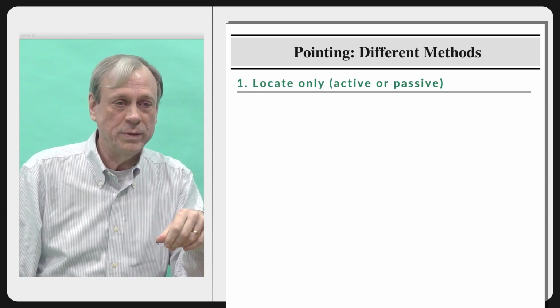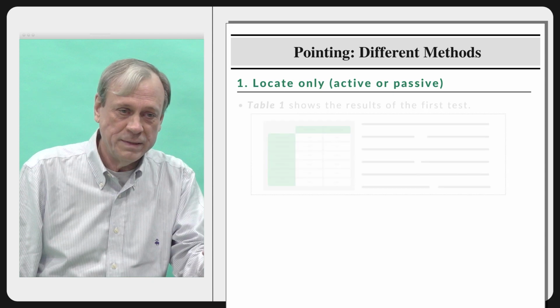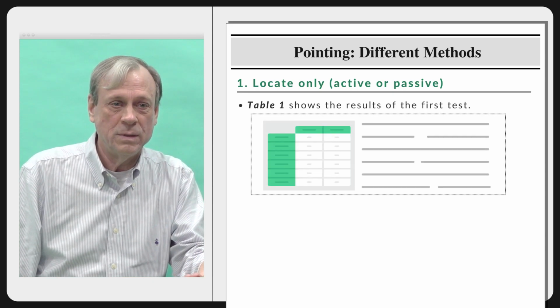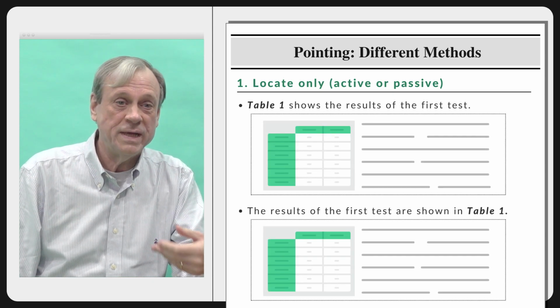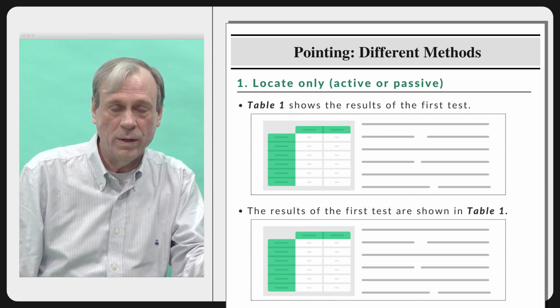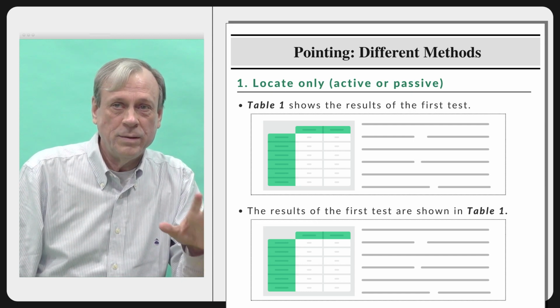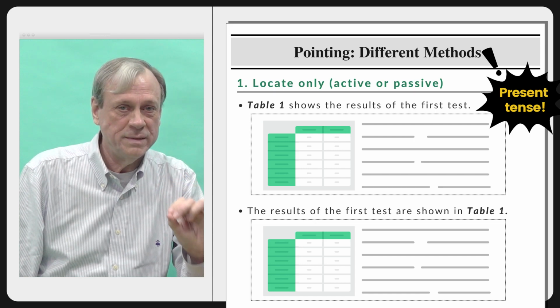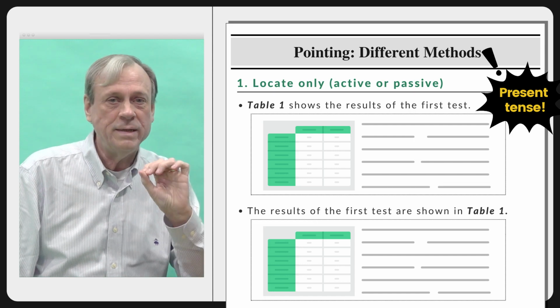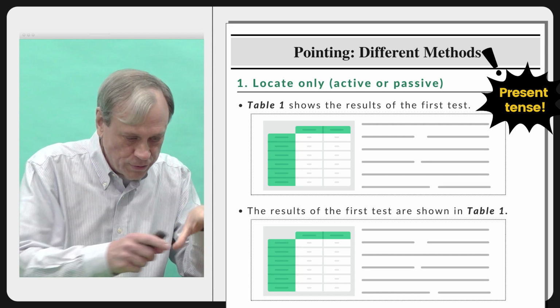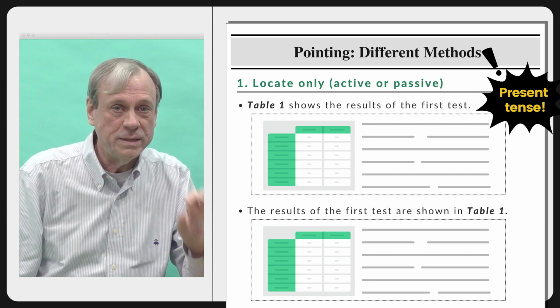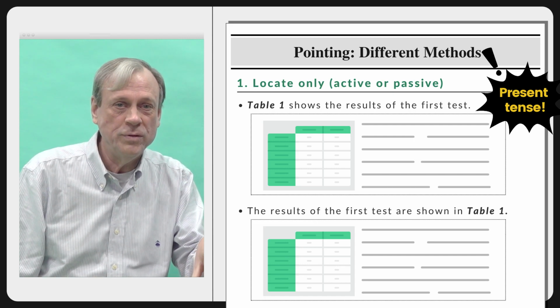One is just to point to it, saying something like, table 1 shows the results, or the results of the first test are shown in table 1, using the passive. Note that these are in the present tense. You got your data in the past, but it's right there for people to see right now. So you refer to it always in the present tense.